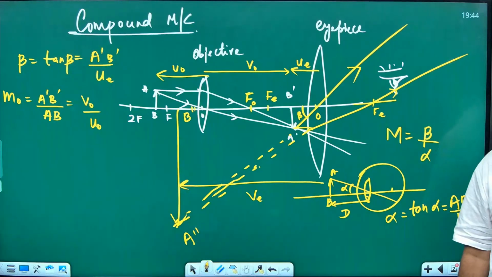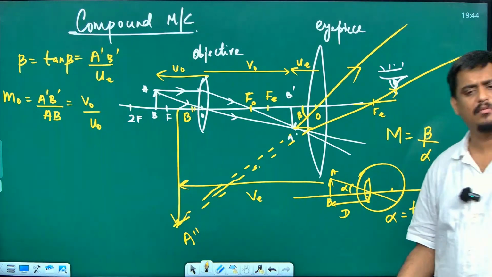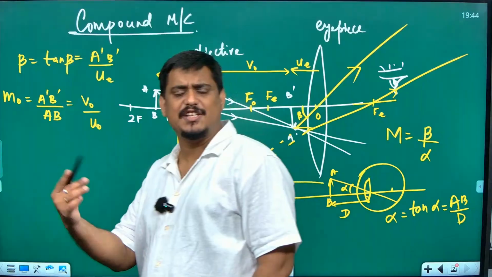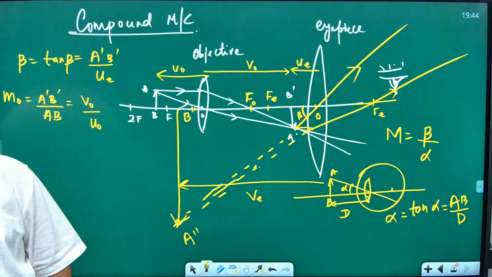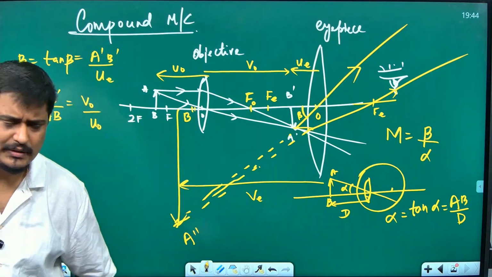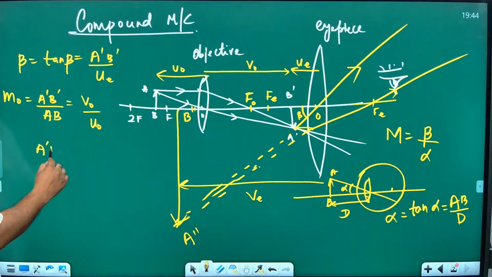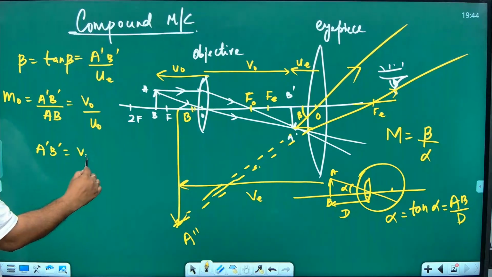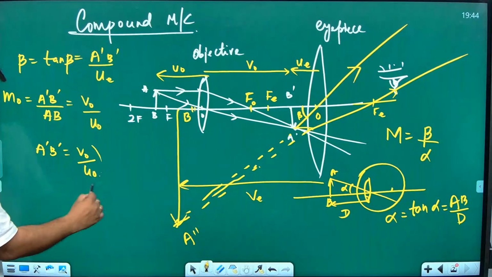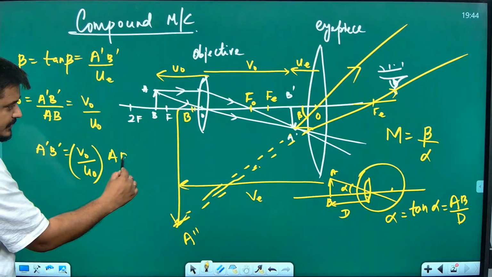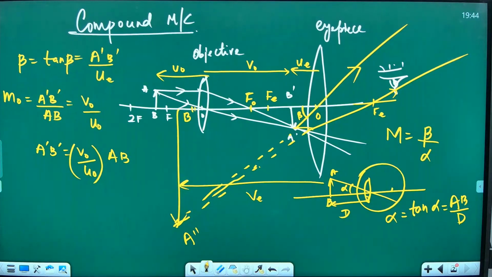We know that magnification of any lens is H dash by H, which must be equal to V by U. Same thing I have written here. Now from here, what do I get? I get A dash B dash as how much? VO by UO into AB. Do you agree with me?